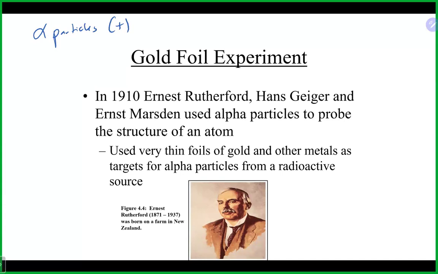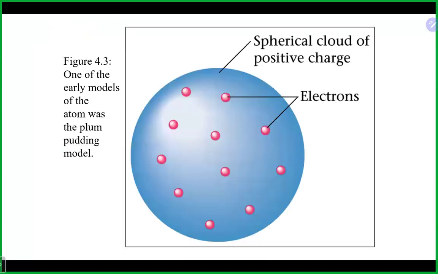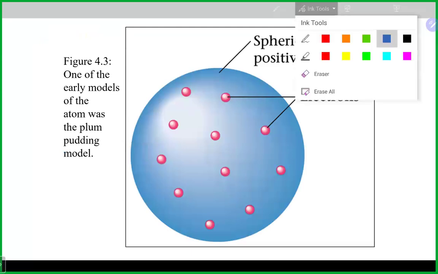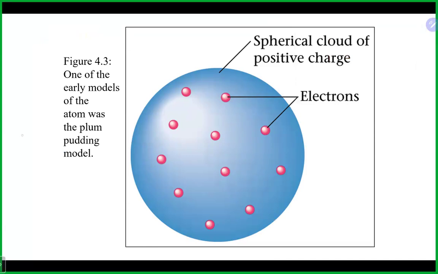Essentially, what he did was shoot alpha particles at pieces of gold foil and other metals. What he expected to happen and what did happen were two different things. If you think about the early plum pudding model, we have this positively charged sphere. Rutherford was going to shoot these positively charged radioactive particles, which are heavy and moving really fast.